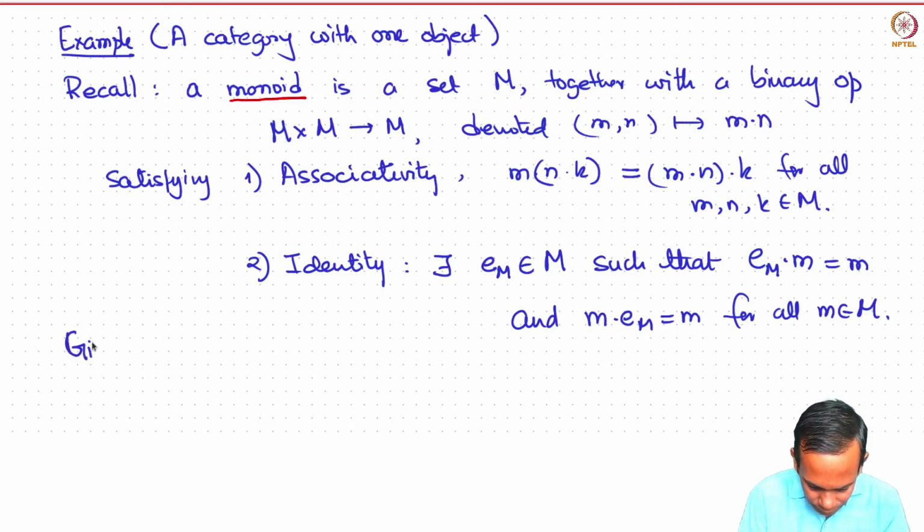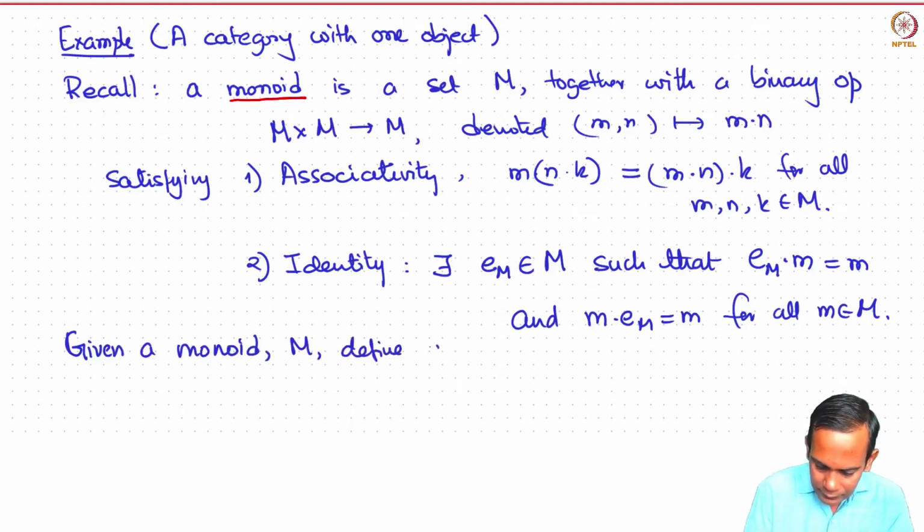Given a monoid M, define a category C_M with just one object.